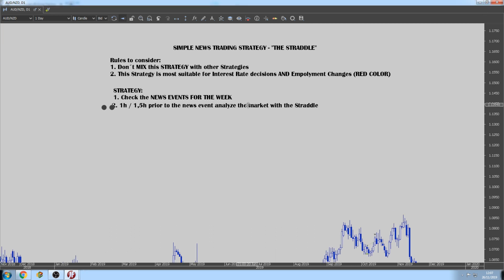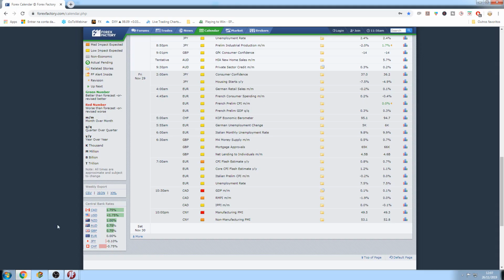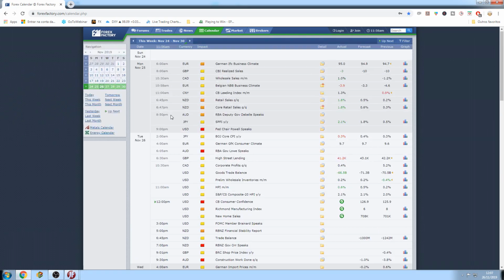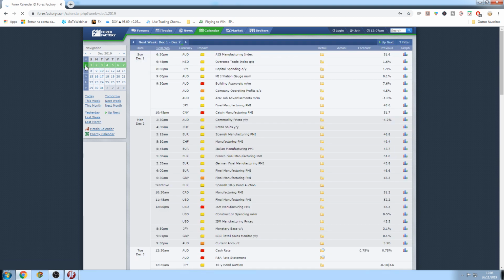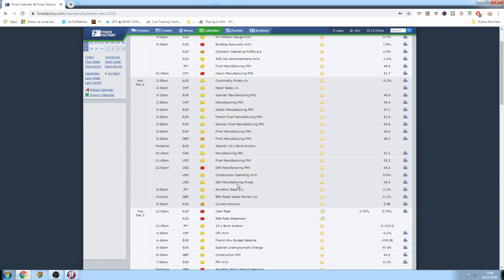Okay, what does this mean? This means that, everybody, just an example, let's make it real. Let's go to December and try to find the AUD building approval, Sunday, December the 1st, China, USD manufacturing.